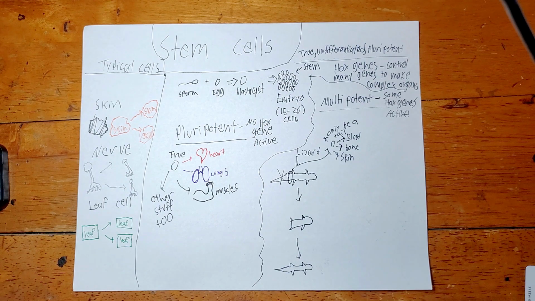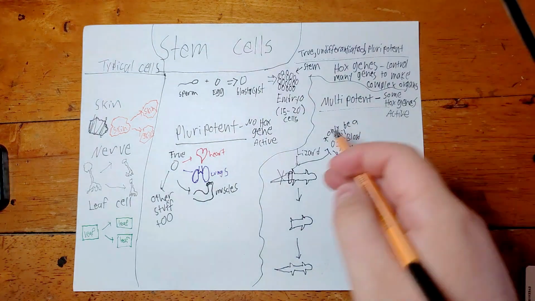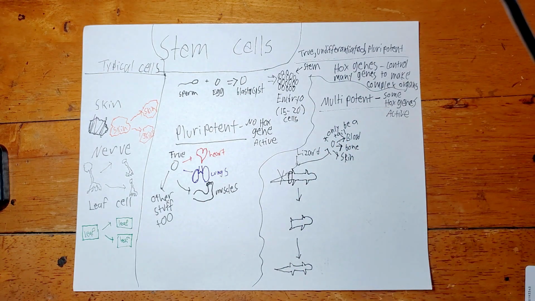If you look at a leaf, or if you look at a tree, roots, right? Trees are constantly growing. They grow forever. So they need stem cells. They need some multipotent stem cells, so their branches can continuously grow leaves. Or they need multipotent stem cells in their roots, so their roots can continuously grow roots.